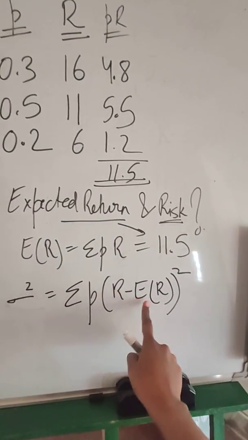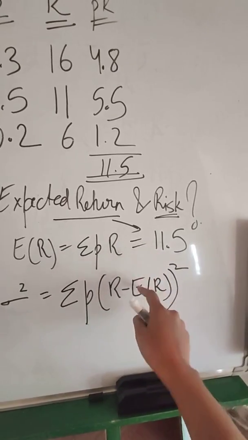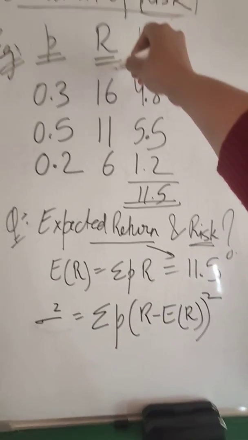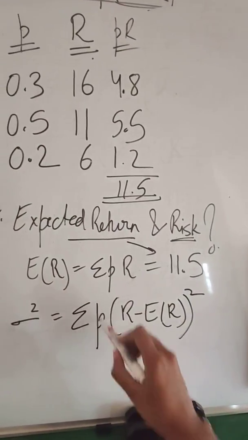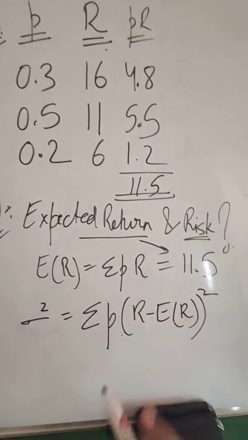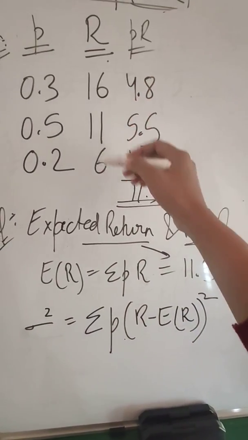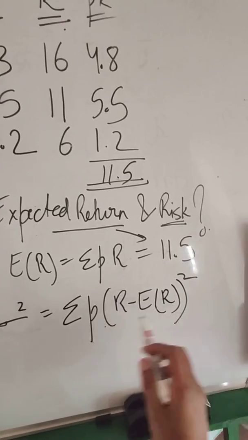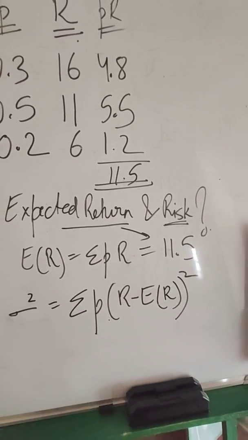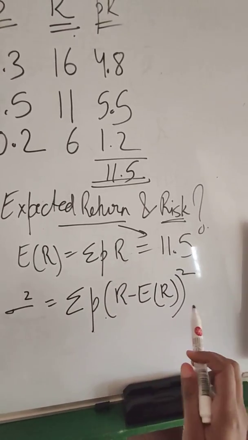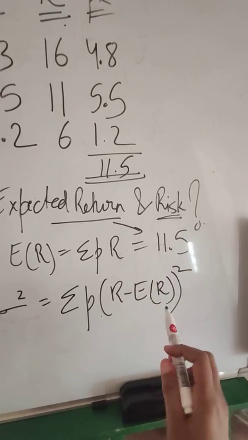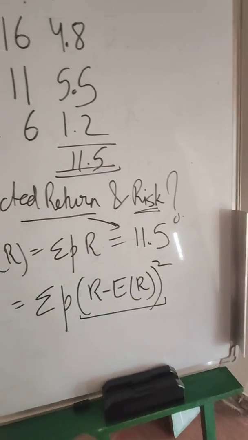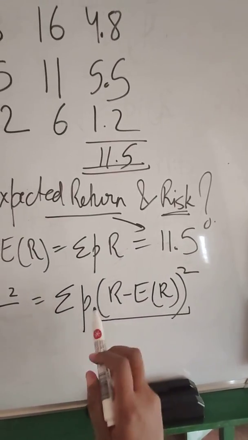Expected return you have already got, 11.5. Return is given to you here, and P is again given to you here. The problem is that there are 3 in number, not a single one. If it were a single number, you could have directly put the figures in this and got sigma square. But that is not the case, and hence you have to calculate this. This portion needs to be calculated, and again the full portion needs to be calculated.